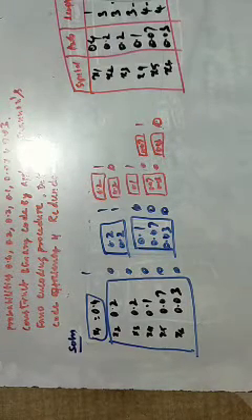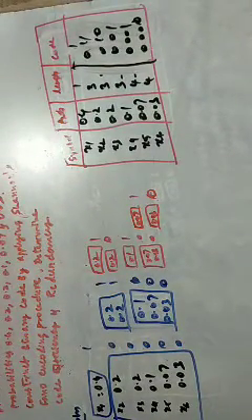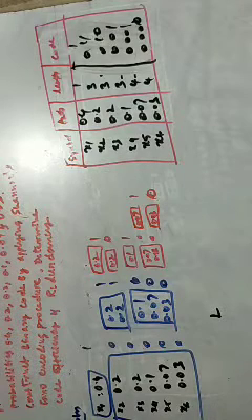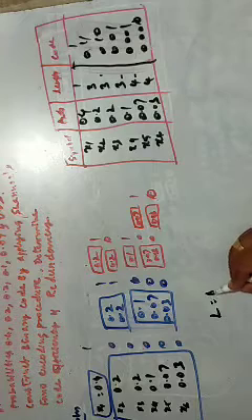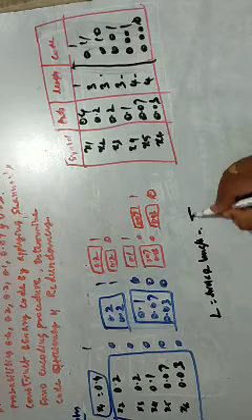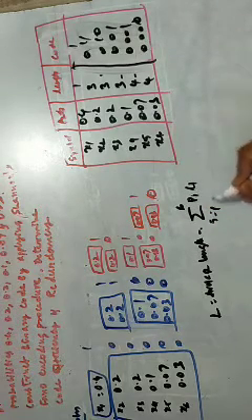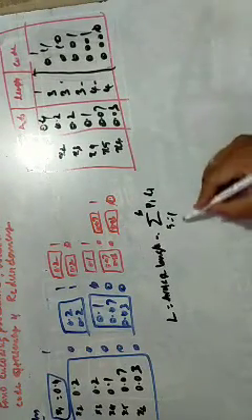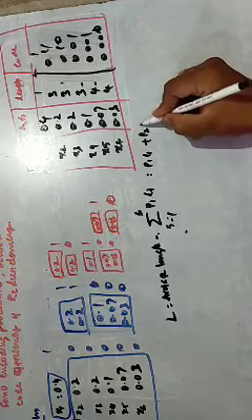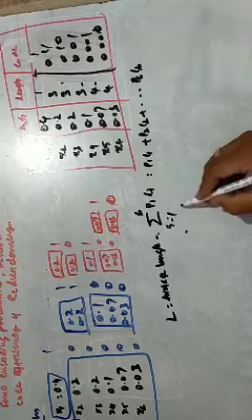Now you have to find that L, the average length, with the formula L equals the sum from i equals 1 to 6 of pi li, that is p1 l1 plus p2 l2 and so on up to p6 l6.